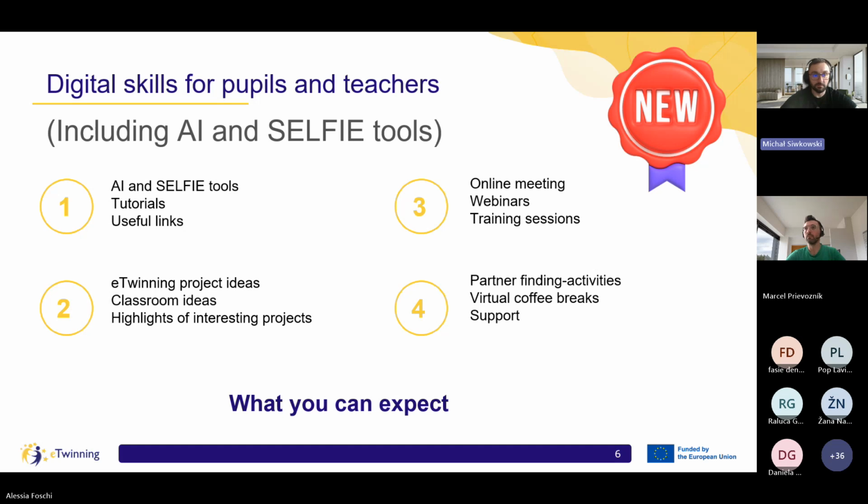We also have tutorials, further useful links, eTwinning project ideas, classroom ideas, highlights of interesting projects, online meetings, webinars, training sessions, partner finding activities, virtual coffee breaks, and last but not least, you can always count on our support.